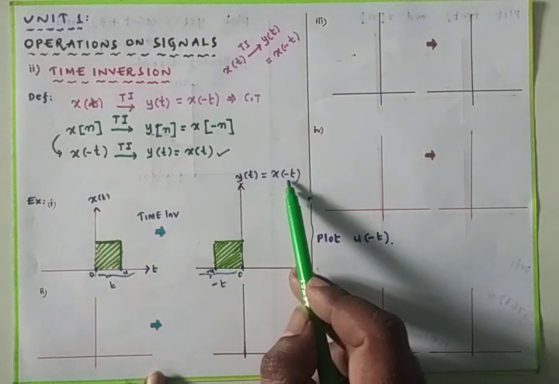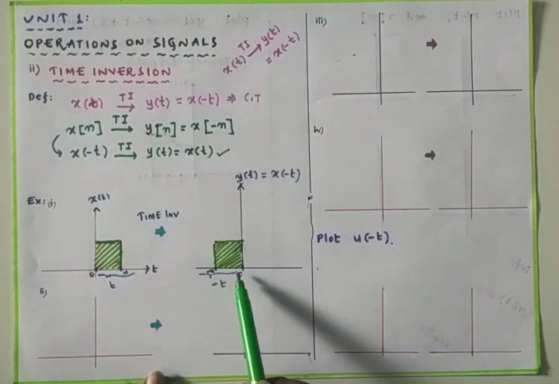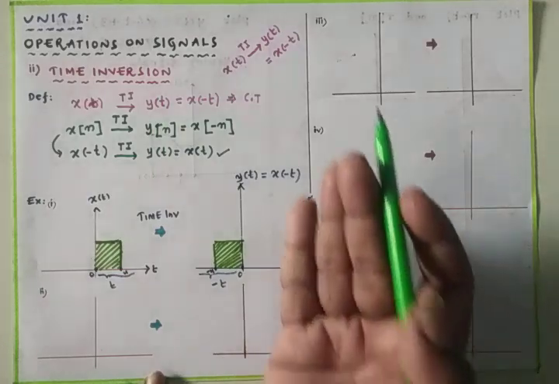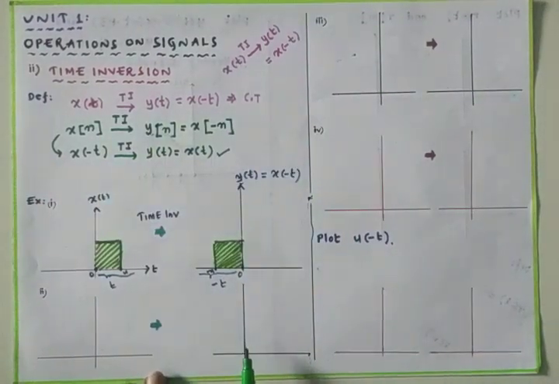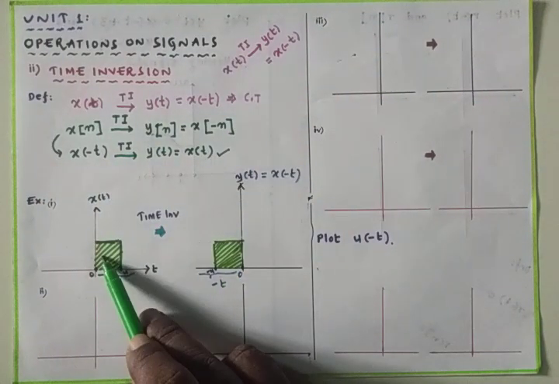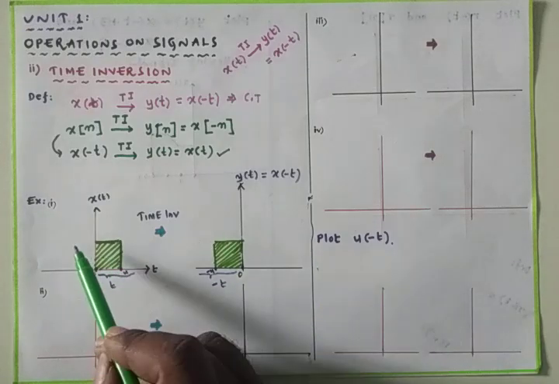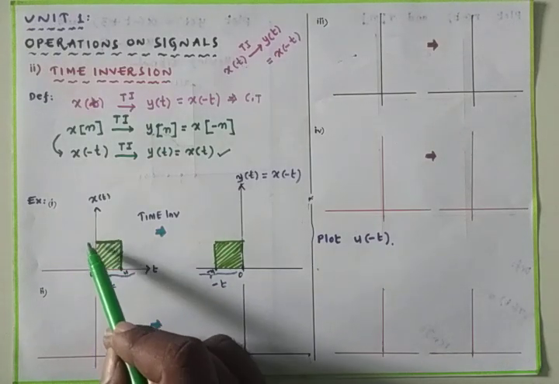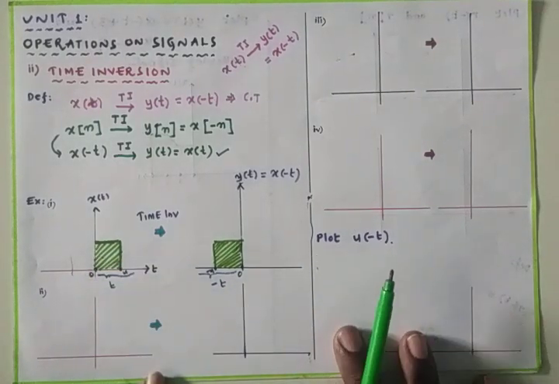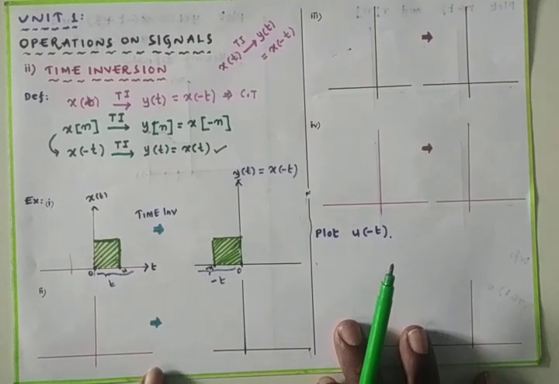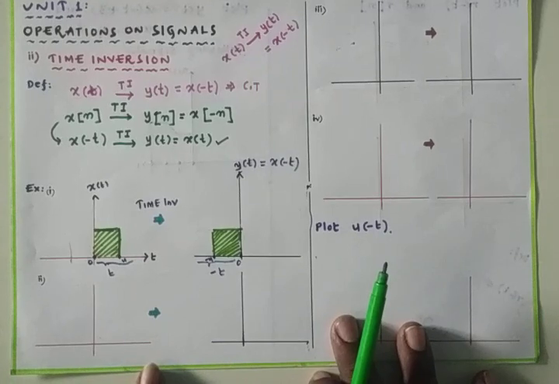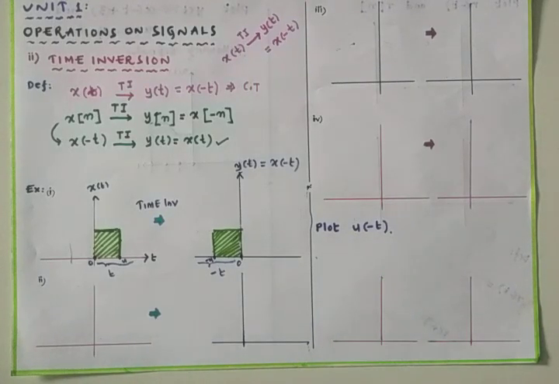Now t is replaced by minus t means this part, so the signal will be flipped like this. It is a mirror image of this signal. If we keep a mirror here, you can see it in this quadrant. This is one particular example for the time inversion of a signal.